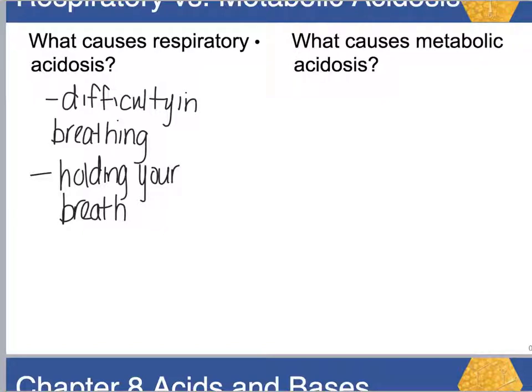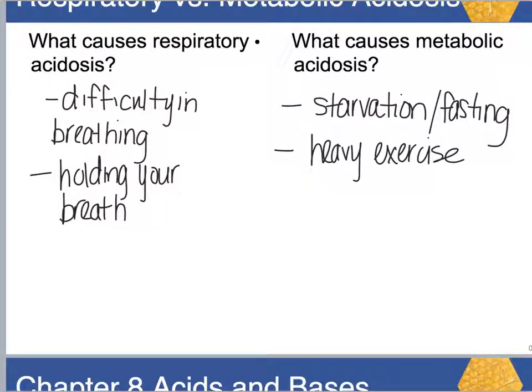Another way is by holding your breath. If you hold your breath to the point where you can't hold it anymore, you might experience burning in your muscles, and this is due to the fact that the pH of your blood decreases and that buffer system is disrupted.